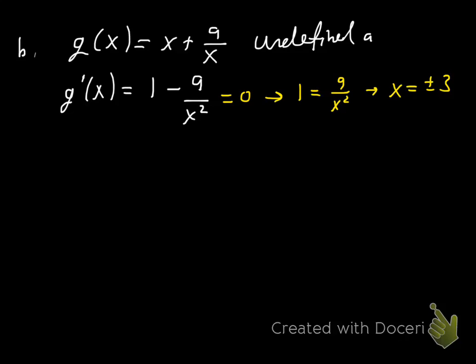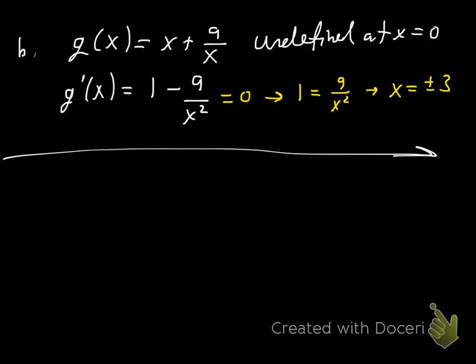Also, the function is undefined at x equals 0, so we need to take that into consideration when writing our intervals of increasing and decreasing behavior. If I say it's decreasing on some interval, it can't include a point where it would be undefined. So we need to include 0 as we make our test intervals.